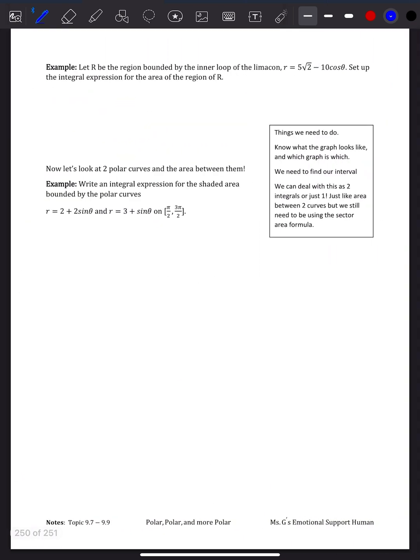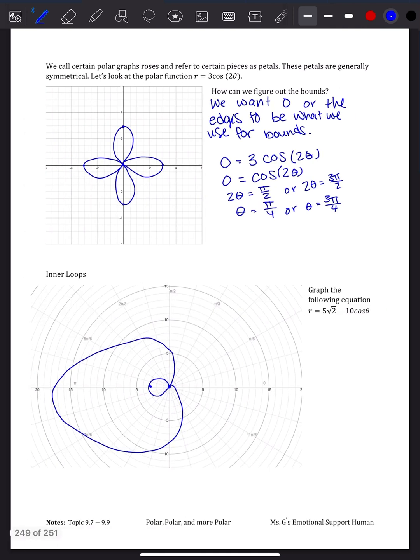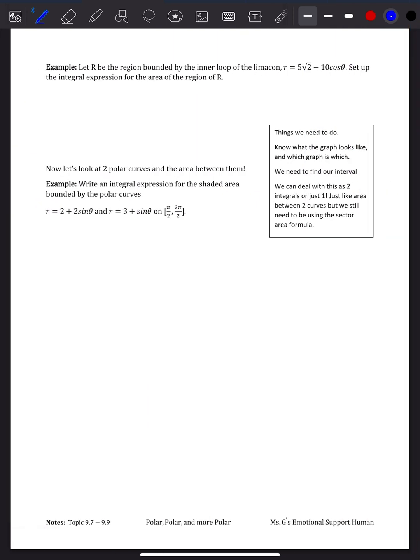So this part says, let the region R be bounded by the inner loop of the limacon, this one right here, 5 square root of 2 minus 10 cosine theta. Set up the integral expression for the area of R. So we know we need an integral expression.